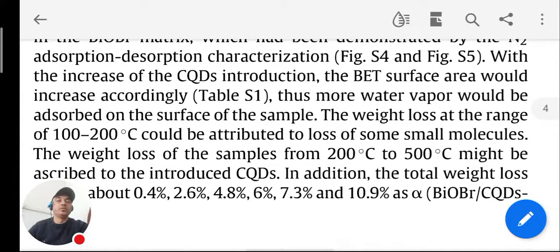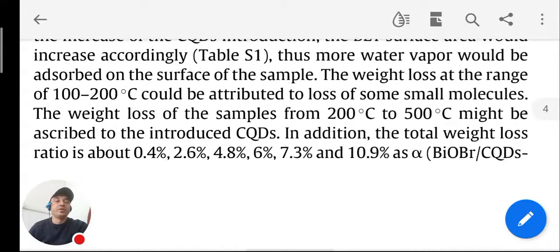The weight loss in the range of 100 to 200 degrees centigrade could be attributed to loss of small molecules. The weight loss of the samples from 200 to 500 centigrade might be ascribed to the introduction of carbon quantum dots.